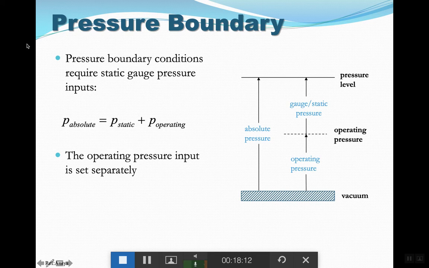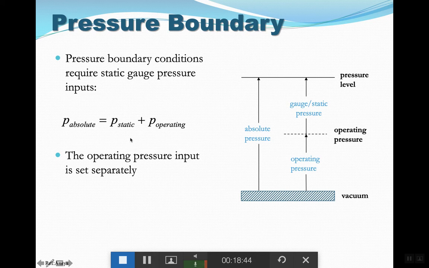That pressure equals your static pressure or gauge pressure, so static or gauge, plus the operating pressure, which is usually your environment pressure. For example, if I have a pipe in an environment where the pressure of the environment is 1 atmosphere or 100 kilopascals, okay, and I say, okay, the flow enters the system with 2 megapascal pressure, it means the static P.